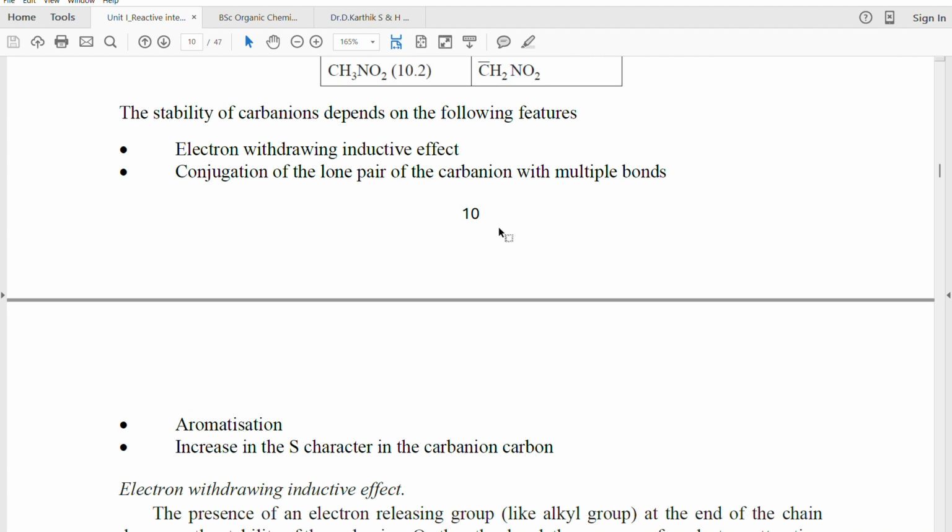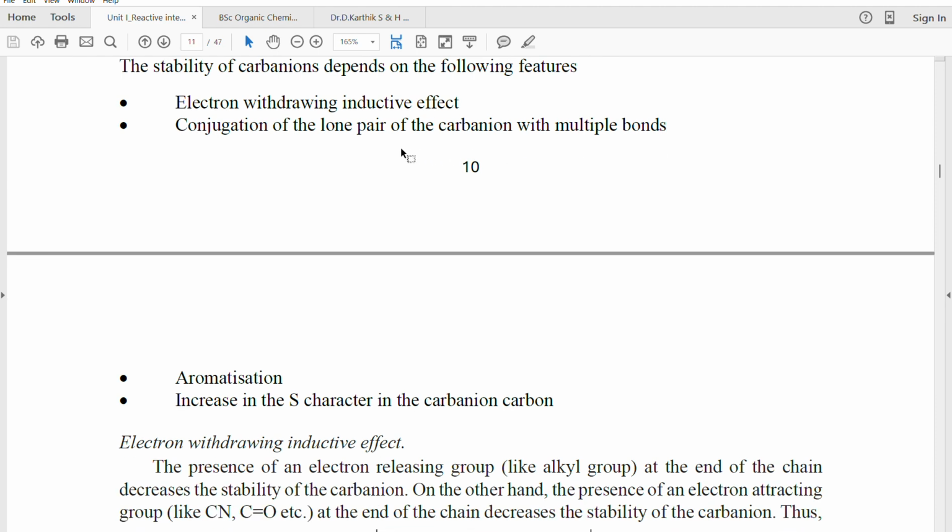And now we can come to the stability of carbanions, which depends on the following features. So what are the factors which affect the stability of the carbanion, right? In carbocation we have seen 4 factors. Similarly, in carbanion also we will see 4 factors.